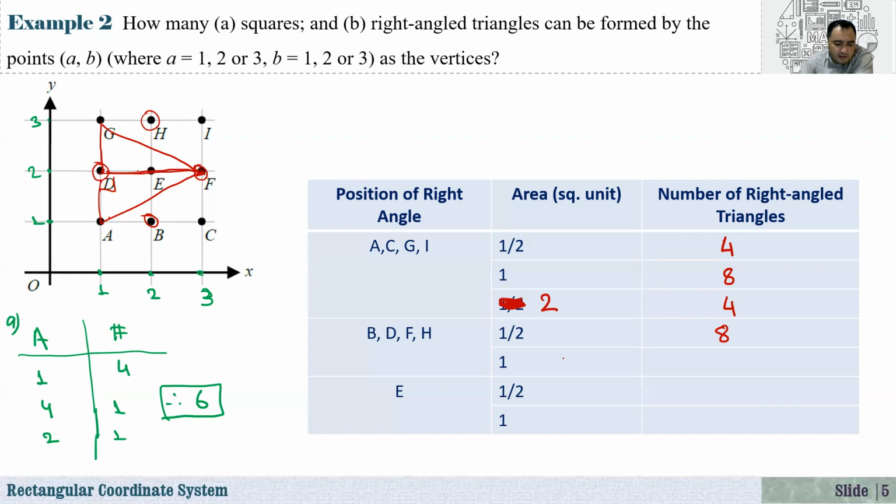Do we have any other right angles like this? Okay, 1 times 2 over 2 and 1 times 2 over 2. Also we have this one, right? Because if I draw this line, let me draw with annotate. Okay, how about this one?